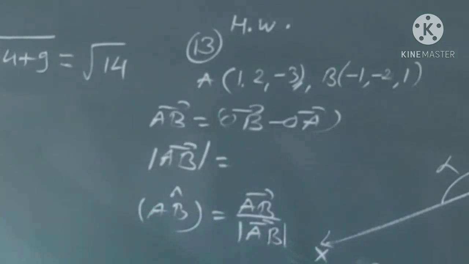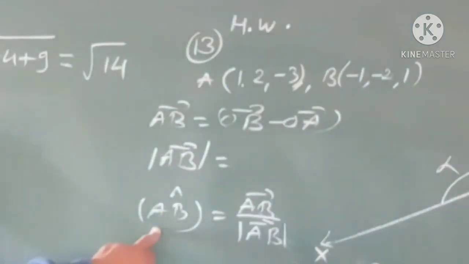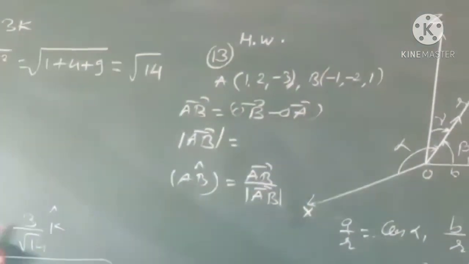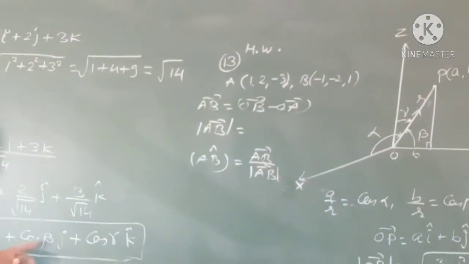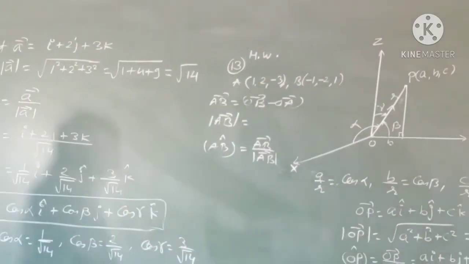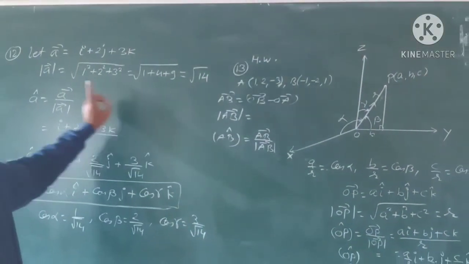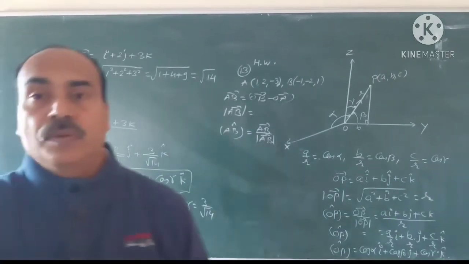Separate all terms: the coefficients of i, j, k in the unit vector are known as cos alpha, cos beta and cos gamma. These are the direction cosines. So question number 13 is the same as question number 12. Please try it at home.